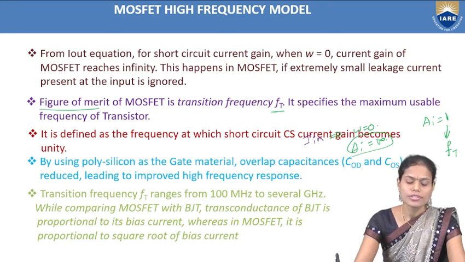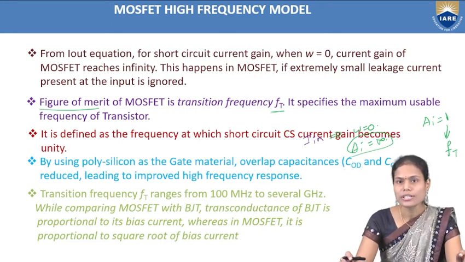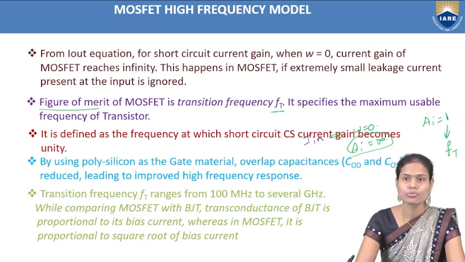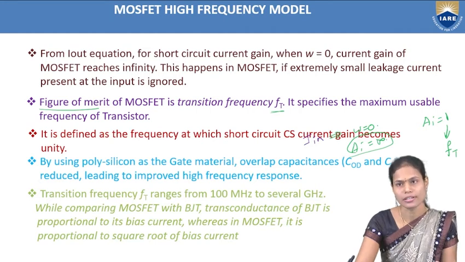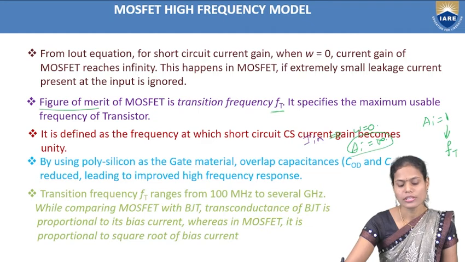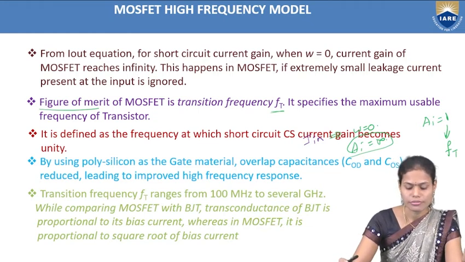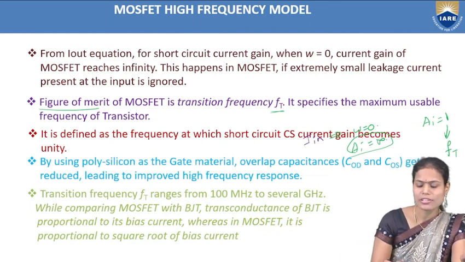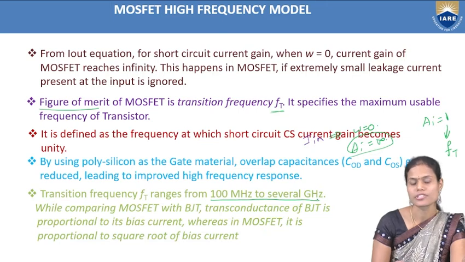Generally in the case of MOSFET, we use the polysilicon dioxide layer as the gate material. So the overlap capacitances, that is COD and COS, get reduced because of this silicon dioxide layer, and that reduction of the capacitance improves the high frequency response. In the case of MOSFET, the transition frequency ranges from 100 megahertz to some gigahertz.